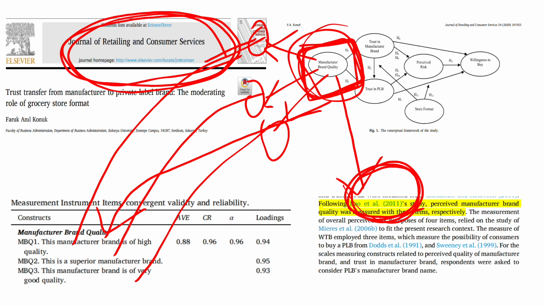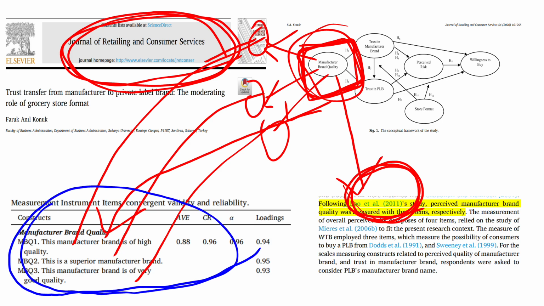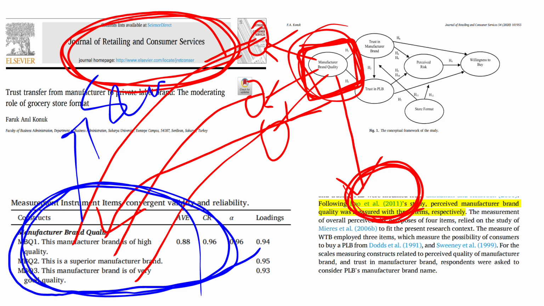For your information, all these three questions are called the scale. Scale means these three questions are called the questionnaire or scale to measure manufacturer brand quality.